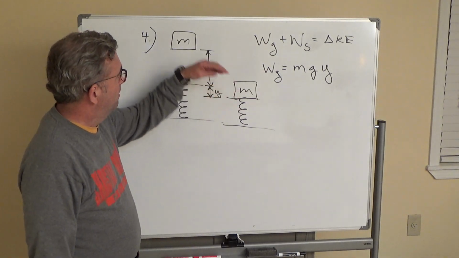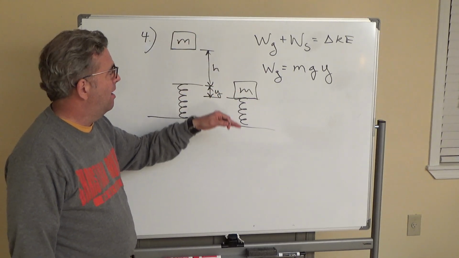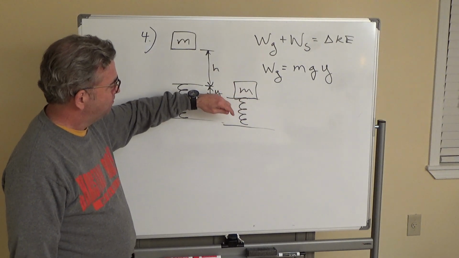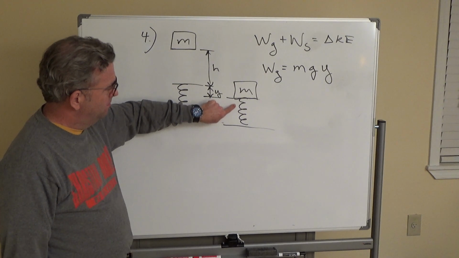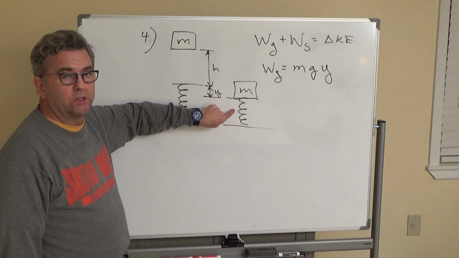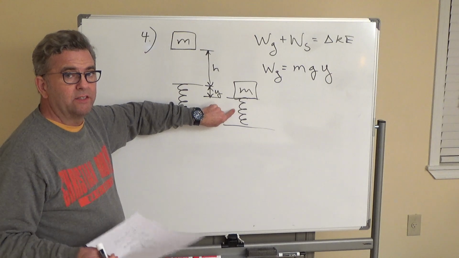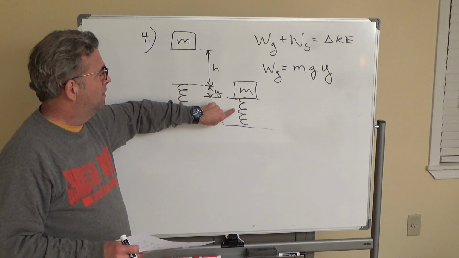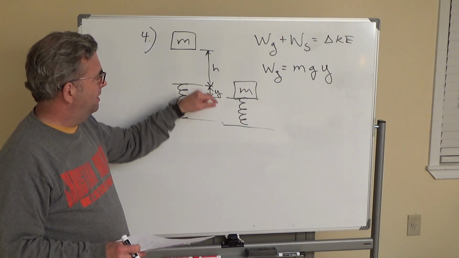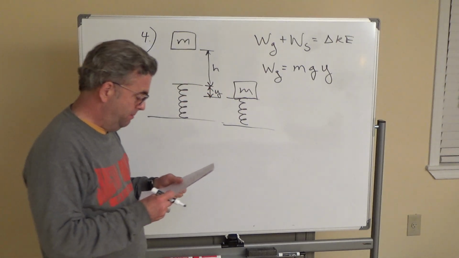It's just like we did with the pile driver, except this time we have a non-constant force. We have a spring force that goes like its displacement. Okay? So that's the work done by gravity after the collision.